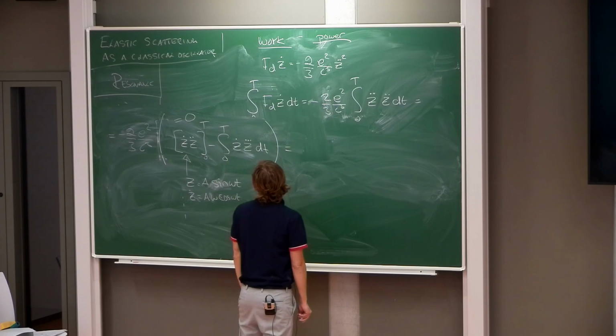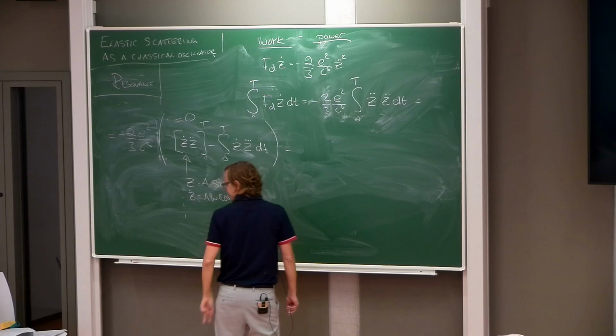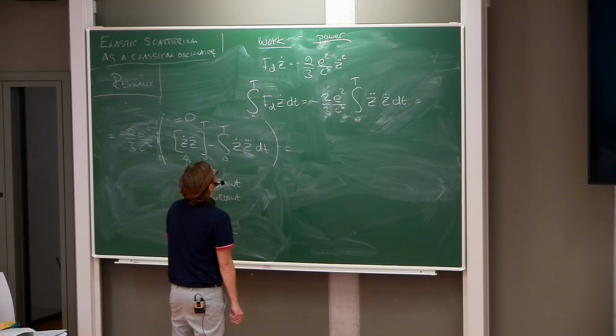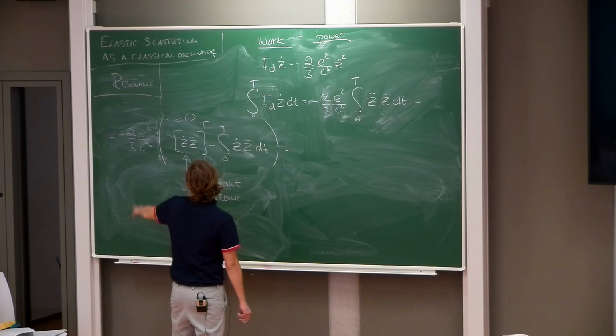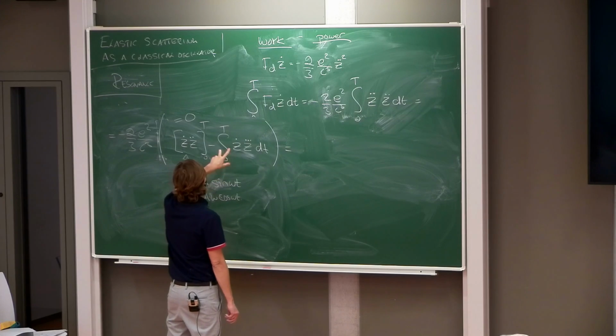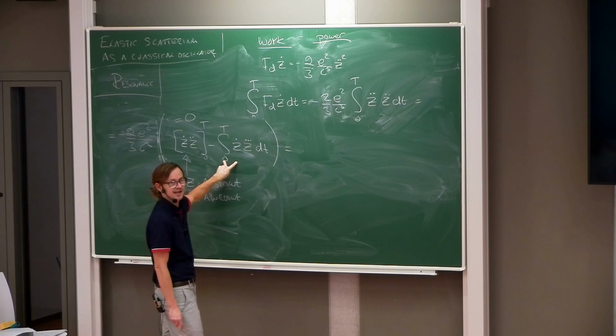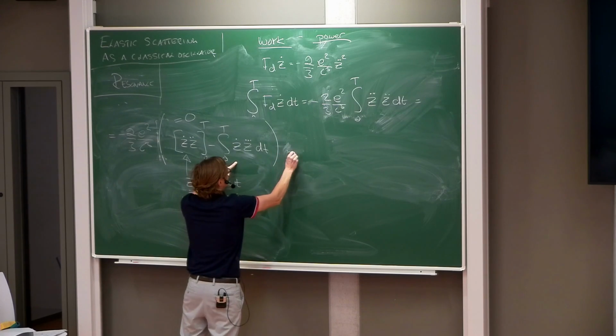So we're left with this integral here, which is just minus that and then minus this one. So it has a positive sign on this side of the equation. Okay?